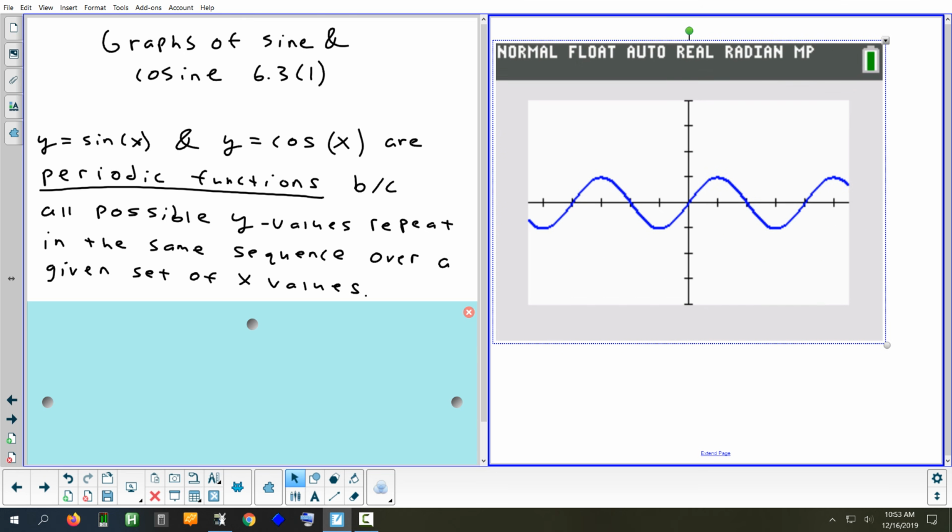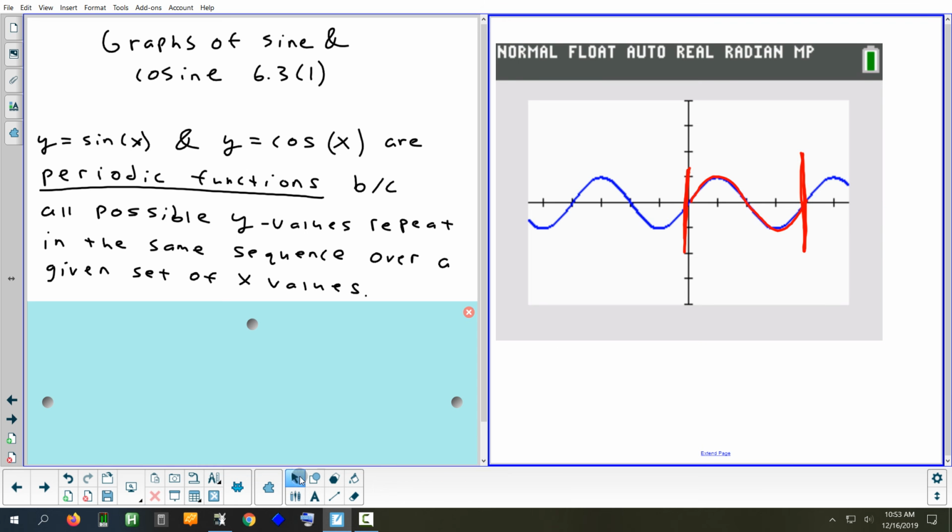Now, what I want you to do is just focus on the section between the red lines. From here to here. Inside those red lines, that is called one section or one cycle of sine. Okay. Goes up, goes down, goes back up, and that's it.